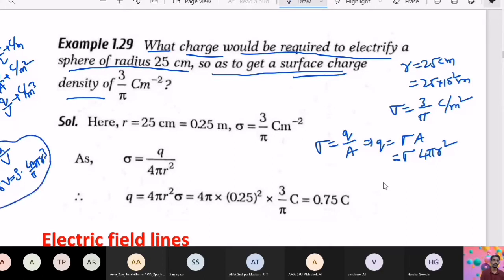If they give volume charge distribution. But here in the question, they have not given volume density. They have given surface charge density. That's why what formula I have taken? Sigma. So direct questions they can ask based on lambda, sigma, rho.